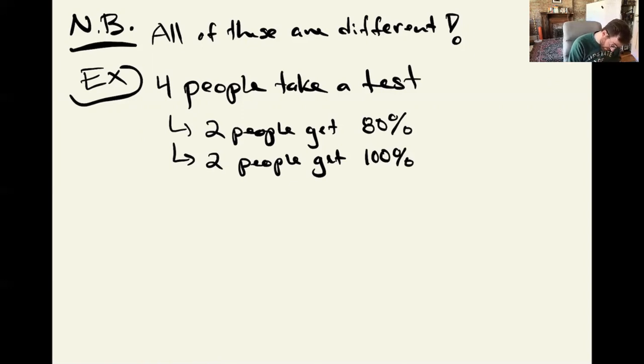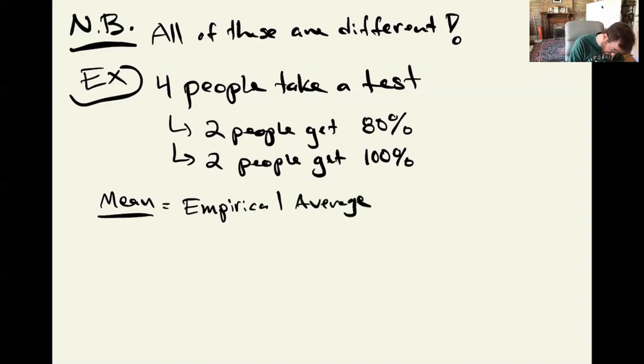Now, if I want to compute the mean, one thing I can do is take the empirical average. Empirical just means what I see when I look at these outcomes. We sometimes call this X bar.